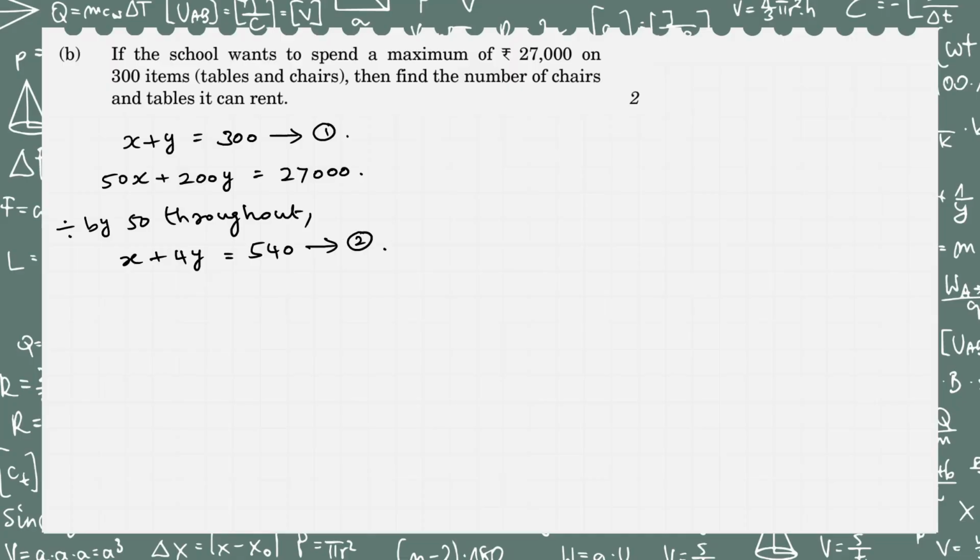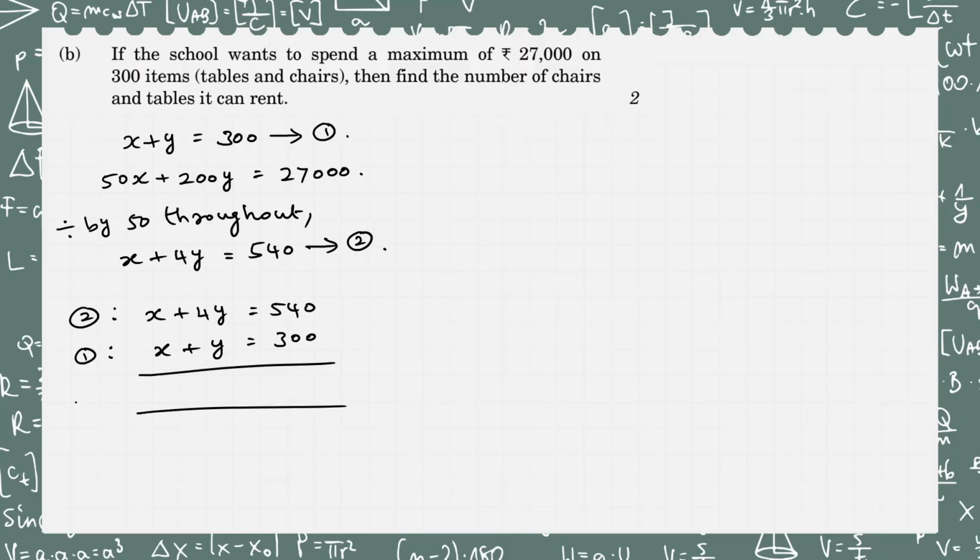Now the same way we have to solve both of these. Okay, let us do that. Here also I am planning to do subtraction only. x plus 4y equal to 540, and the first equation is x plus y equal to 300. Subtraction only. 3y on the LHS, here we will get 240.